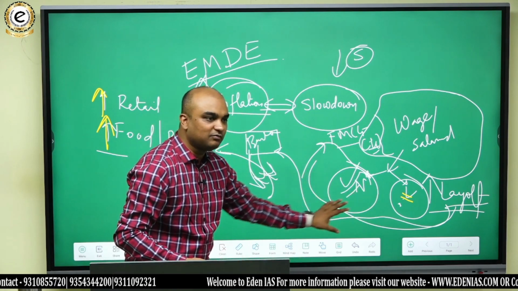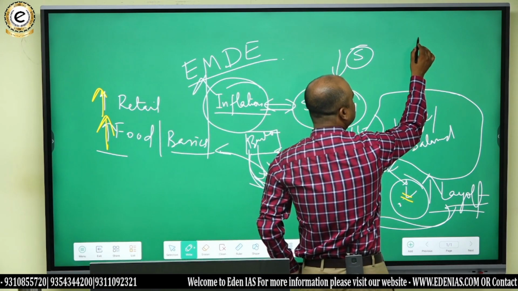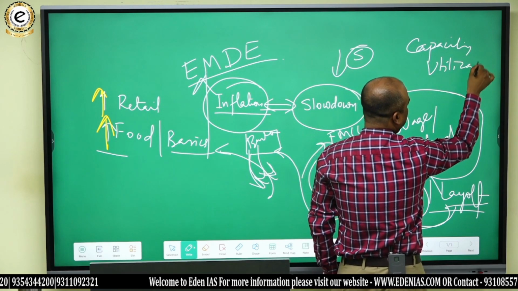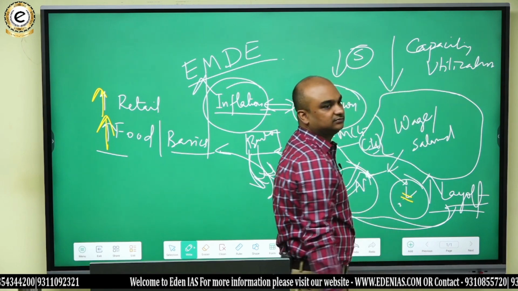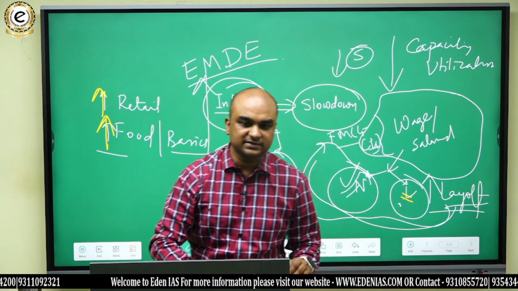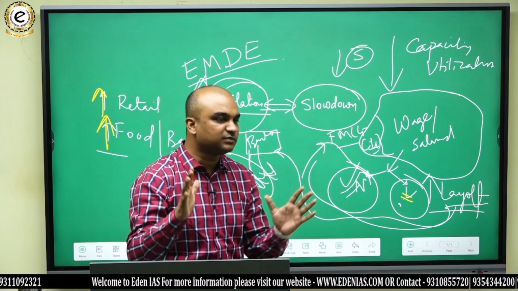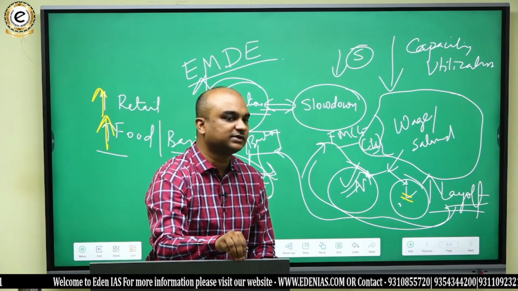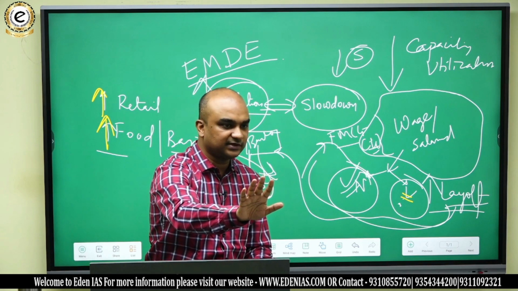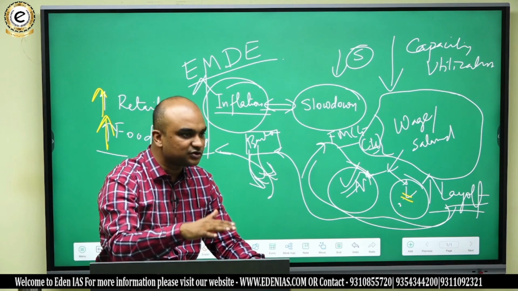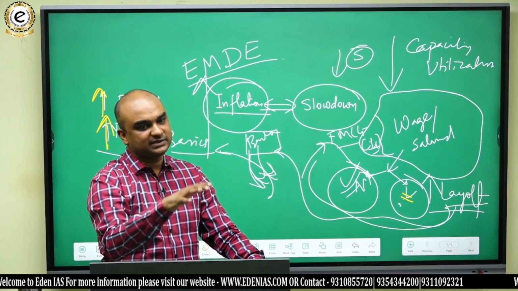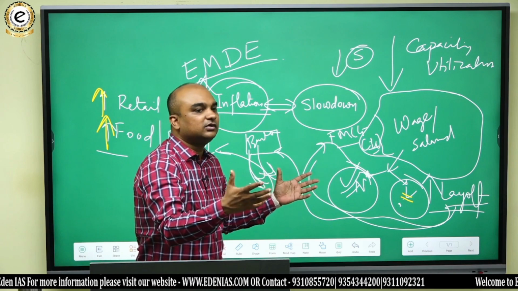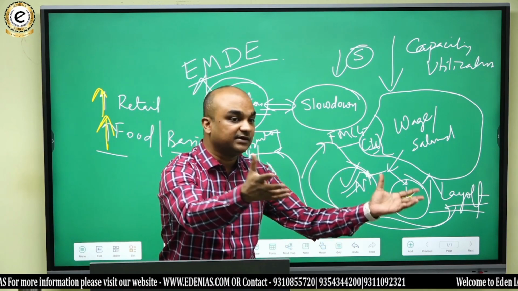When there are more and more layoffs, there comes a time when capacity utilization comes down. Capacity utilization means, like say for example, a factory has 10 machines, but you are using only 3 machines. So it means your capacity utilization is 30%. Do you get that? So capacity utilization keeps on coming down, and nobody wants to carry an overburdened capital infrastructure.